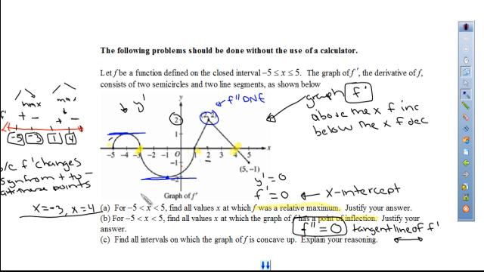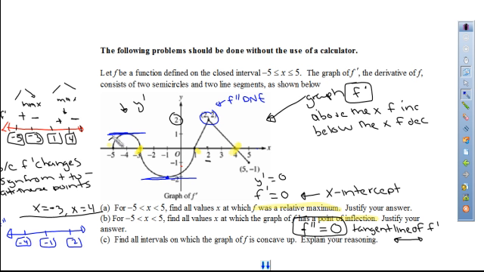So if we do a number line, just to give you an idea, and I'm checking the second derivatives, so I'm at negative 4, negative 1, and 2. These are possible points of inflection.